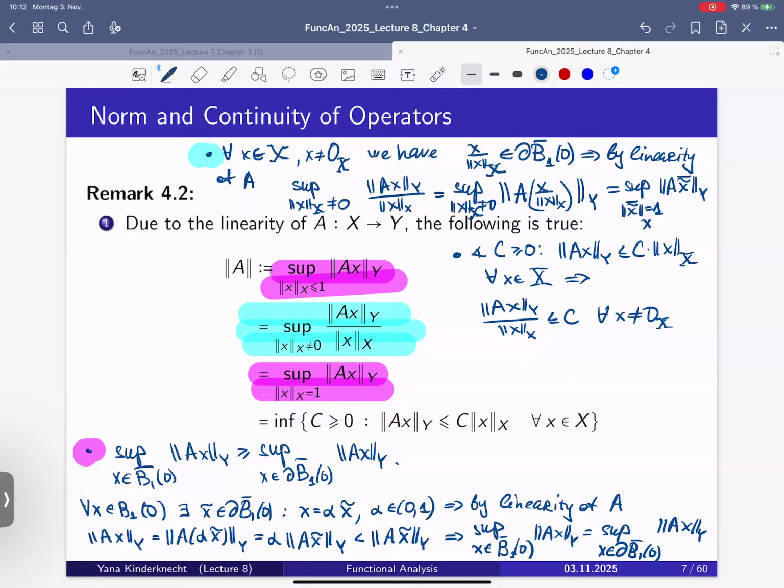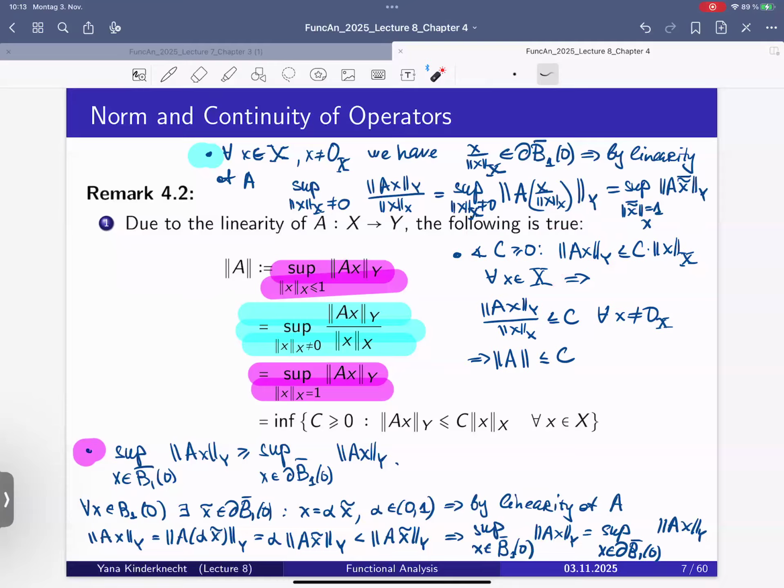From this we see, taking into account this definition of the norm, that since this holds for all x's, the supremum over all x's also satisfies this inequality, and hence the norm of A is smaller or equal to C, for any C satisfying this condition.